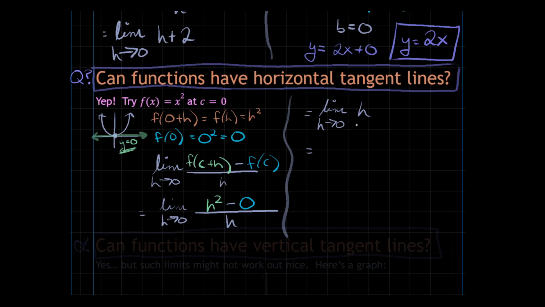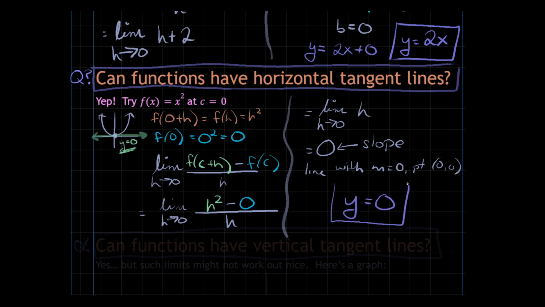No, I can go ahead and let h become 0 in this expression, and so I get a 0. That's the slope of your line. So you want a line with slope equals 0 and a point 0, 0. The only such line is y equals 0, just like we thought was going to happen.